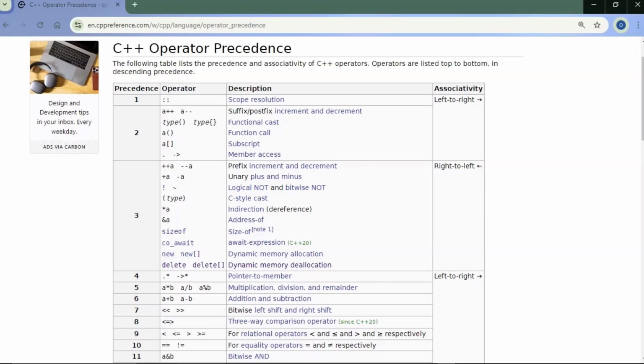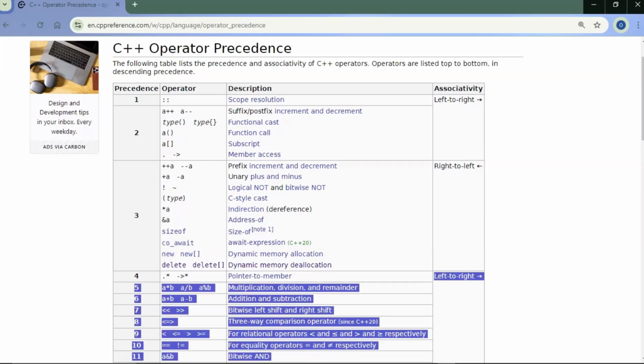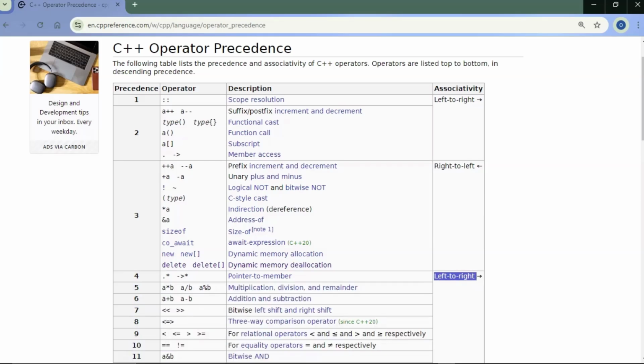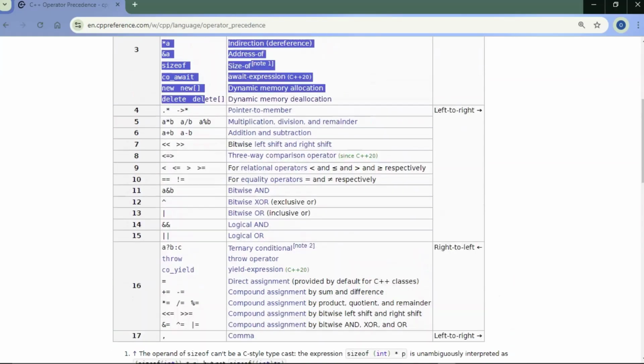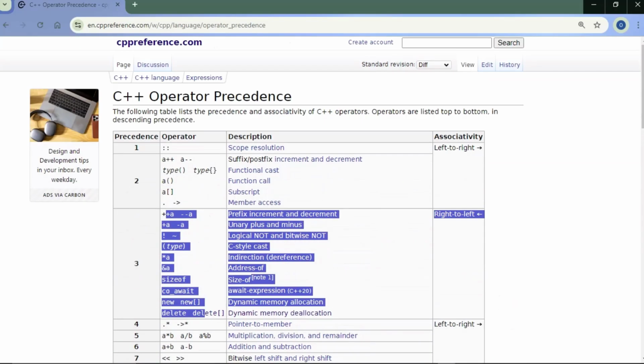Not everything goes from left to right. Some go from right to left, which are these operators that we have here. So some are from left to right, and some are right to left. I hope you understand what that means.